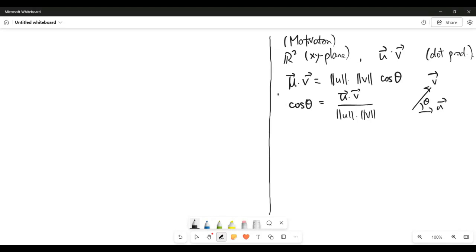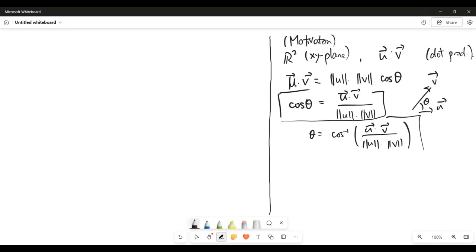Based on this formula, we should be able to find the angle theta, which is the inverse cosine of u dot v on top divided by the norm of u times the norm of v. So we can use this formula to help us find the angle between the two vectors.